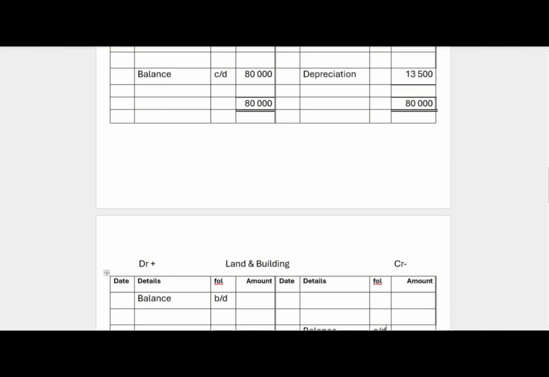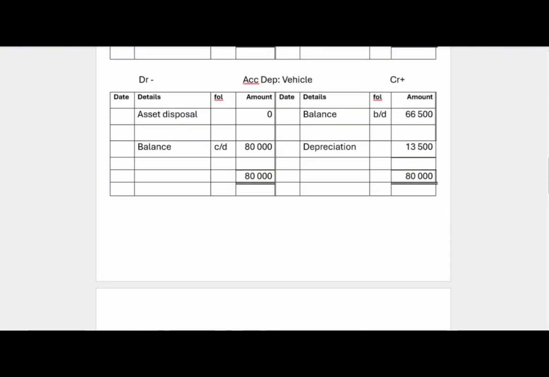Because remember, from the accumulated depreciation account, we don't need anything there. We're gonna need maybe depreciation when we go to the reconciliation of profit before tax with cash generated, but we don't need anything that goes to the cash flow statement, right? So that is why we're not taking anything right there. Because remember, depreciation is a non-cash item.